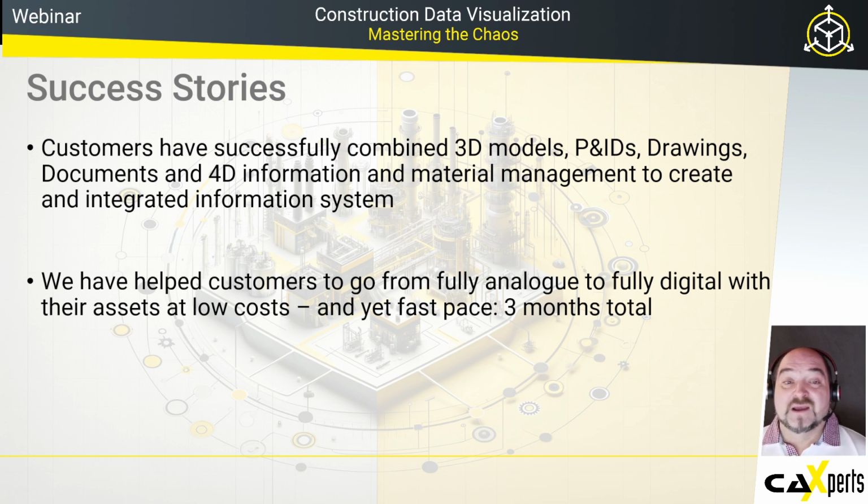What has been done? Well, this customer, they didn't have any 3D models. They had quite a lot of documents. They had their maintenance and engineering databases, and also software that they use for shift turnovers and shift planning. But other than that, that's what they had.